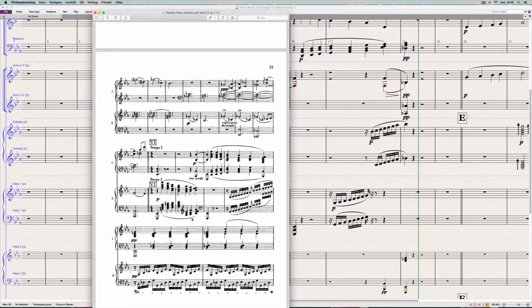So he wanted to arrange it for orchestra. But he composed everything on piano first, and then he had some sort of problems with his hands. So he had problems notating.